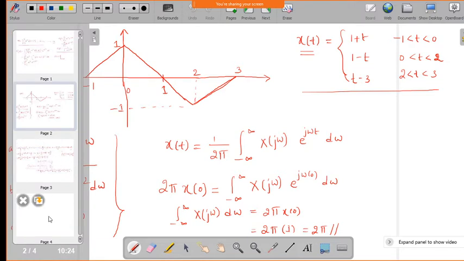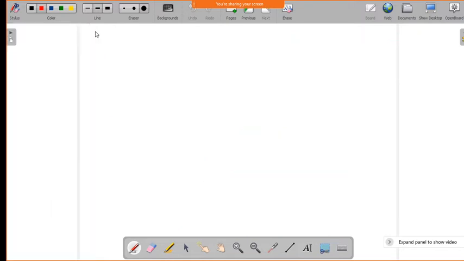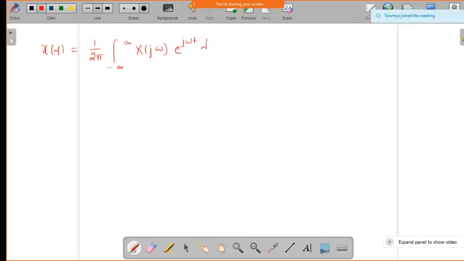Try to compute that. How will we do that? Put the value of x of t. You know the expression x of t equals 1 over 2 pi, integral from minus infinity to plus infinity of X(j omega) into e power j omega t d omega.